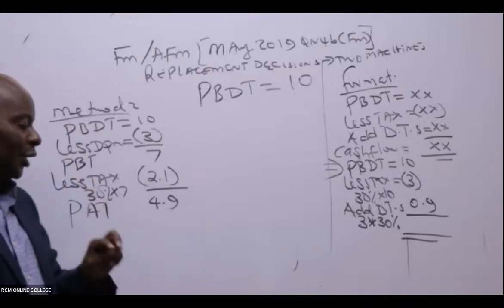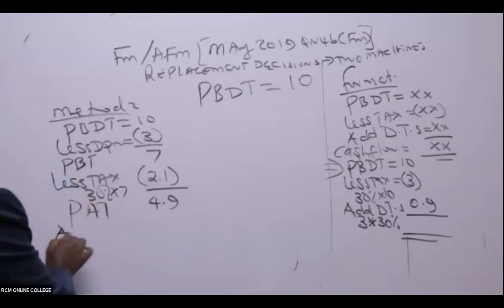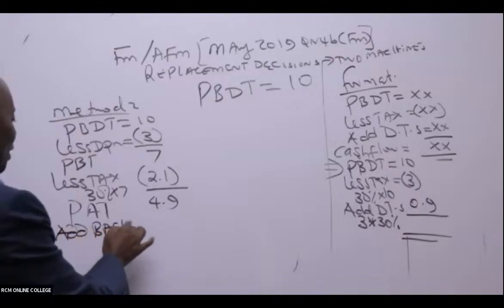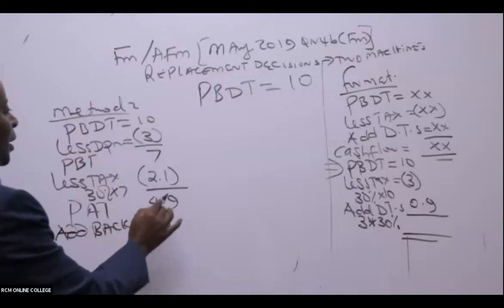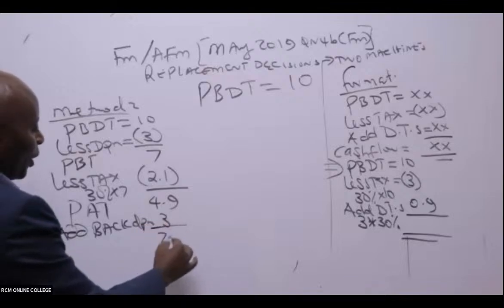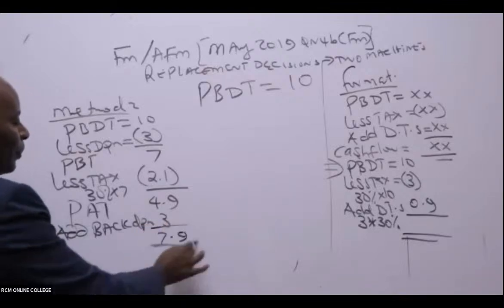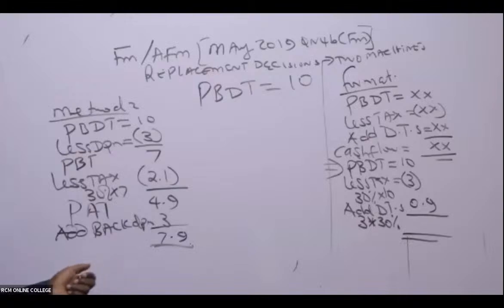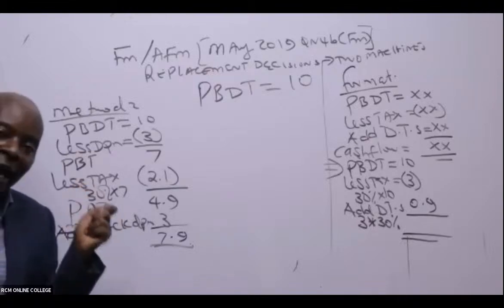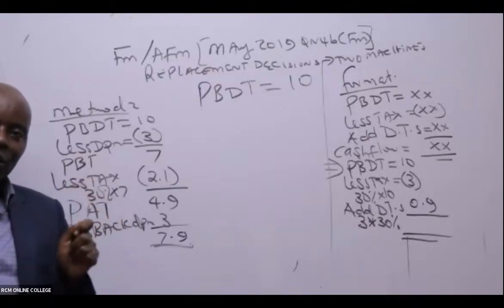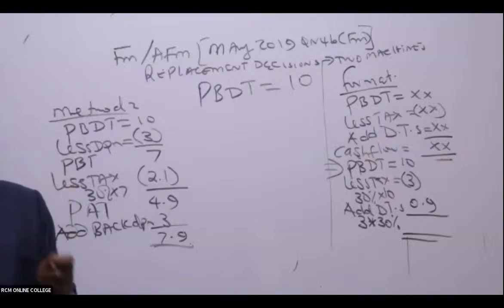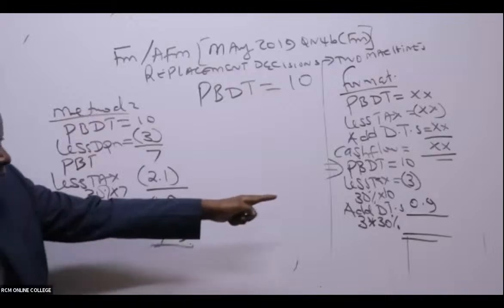We add back depreciation the way it is, which is 3. By doing that, we get 7.9. Remember, we add back depreciation the way it is, not the depreciation tax shield, but depreciation. You get the 7.9, which is the figure we got there.